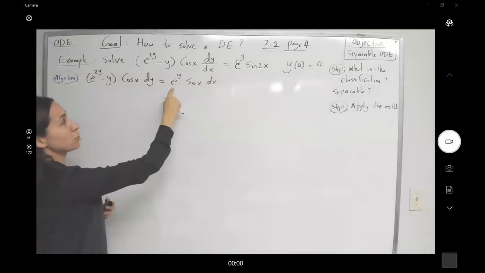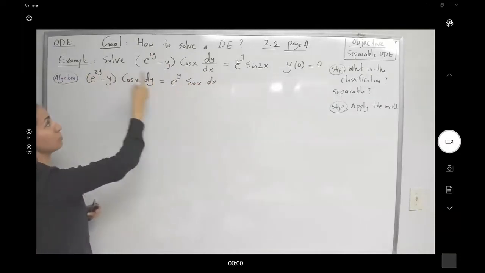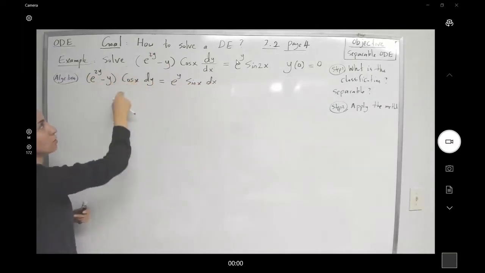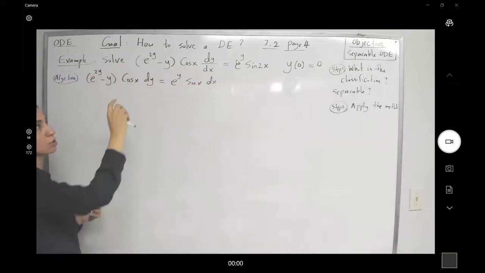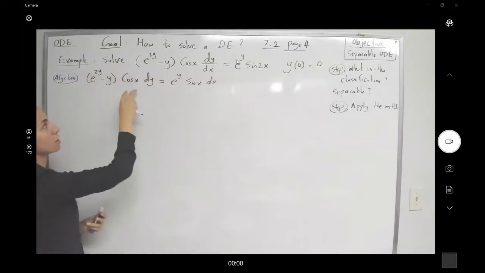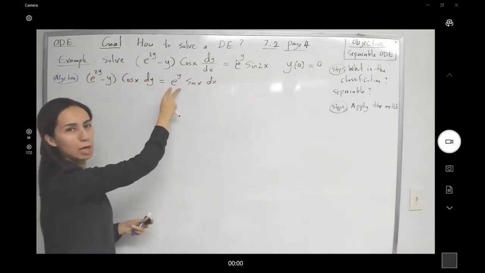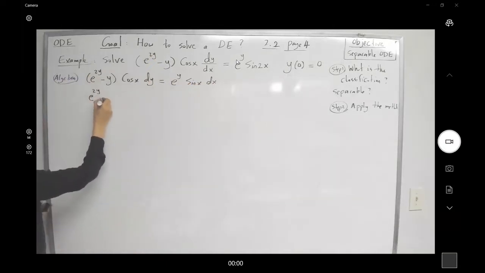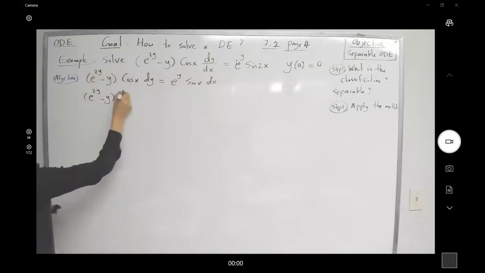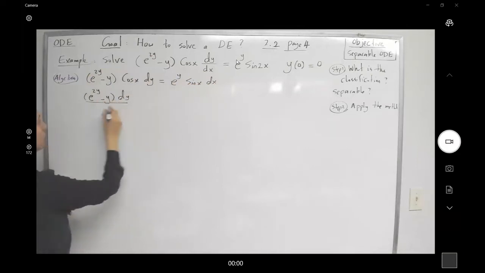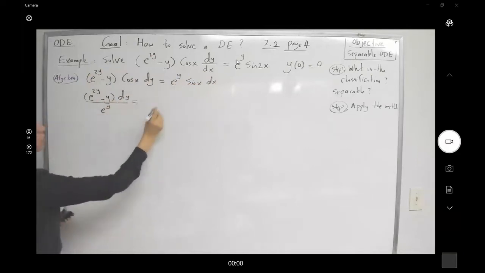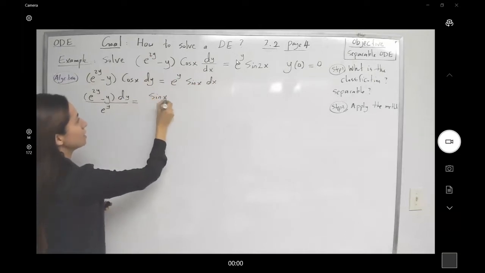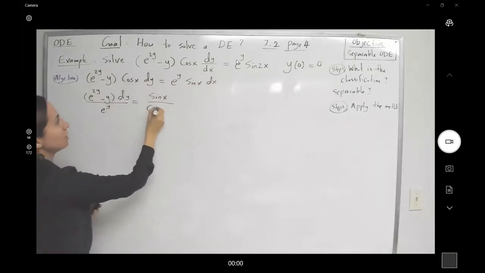The next step is to get rid of e to the y from the right-hand side and bring it to the other side, and also know that you have cosine of x. So we're going to divide everything by cosine of x and at the same time by e to the y. So you're going to get e to 2y minus y dy divided by e to the y equals sine x divided by cosine x.